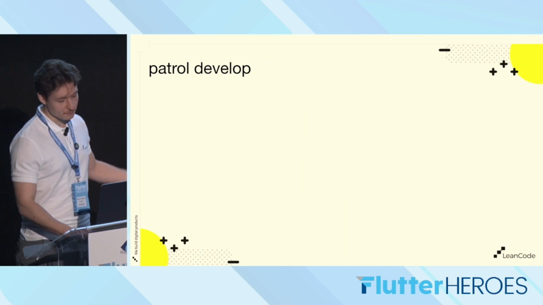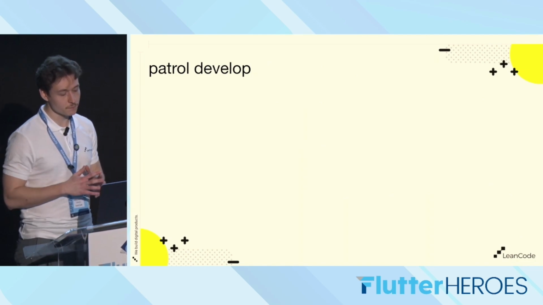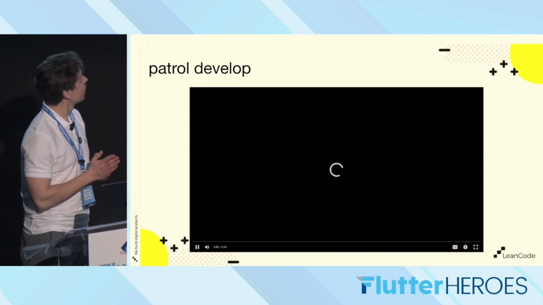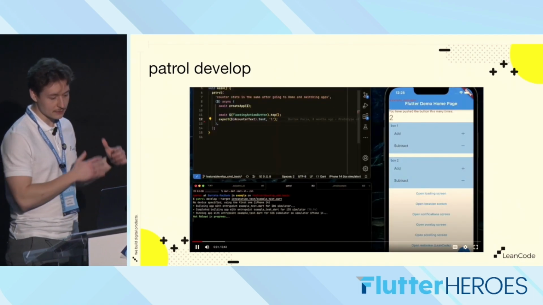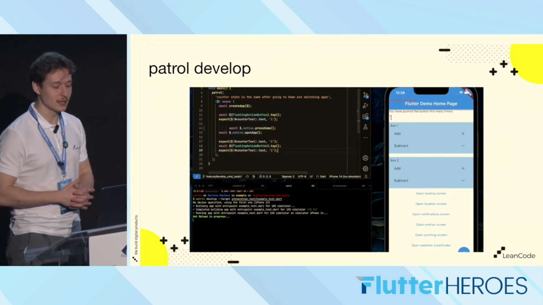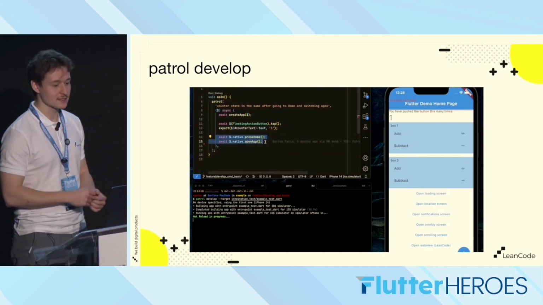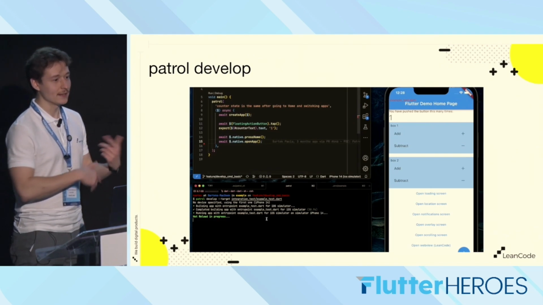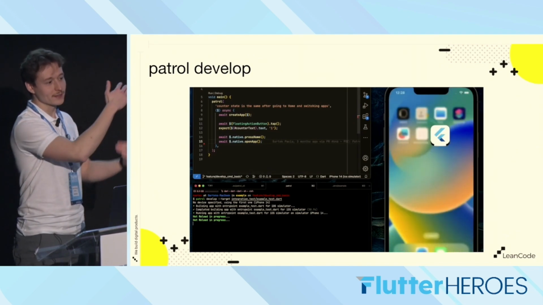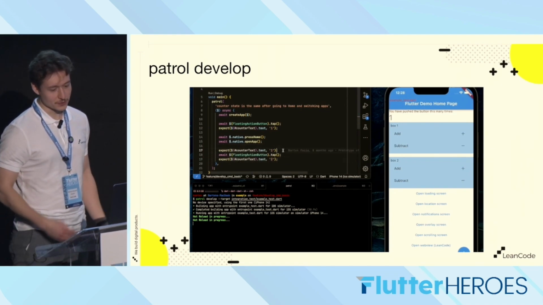And also we have Patrol develop, which is a mode where you can develop tests. Typically, our QA team told us that they want to write a line and hot restart the test, rerun the test from the beginning so that they can see what's happening.